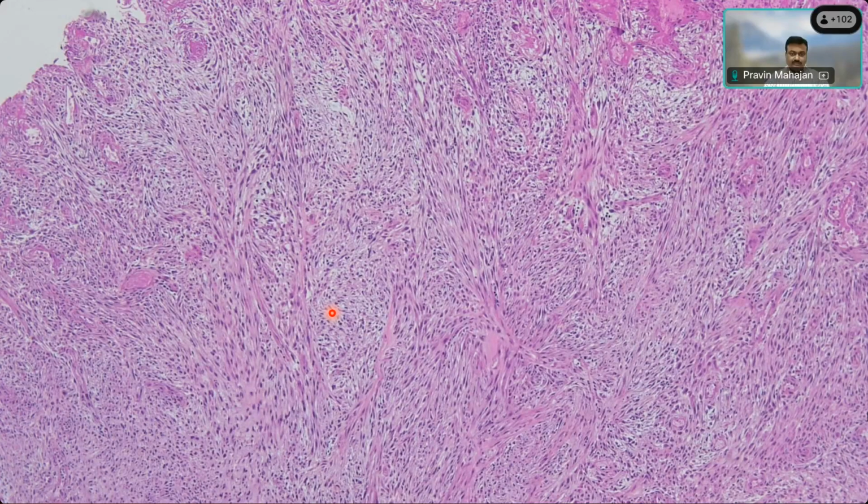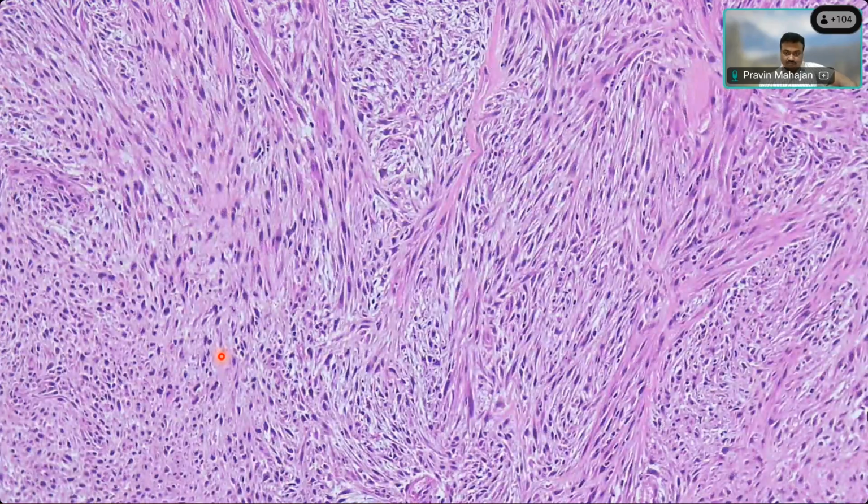At this power, there are also areas of edema, light pink areas, and I can also appreciate proliferating blood vessels in between those tumor cells. Very good. In some areas it looks eosinophilic, in some areas there is some myxoid change as well, right? And cells are arranged in fascicles. That much we can say on this power, right?